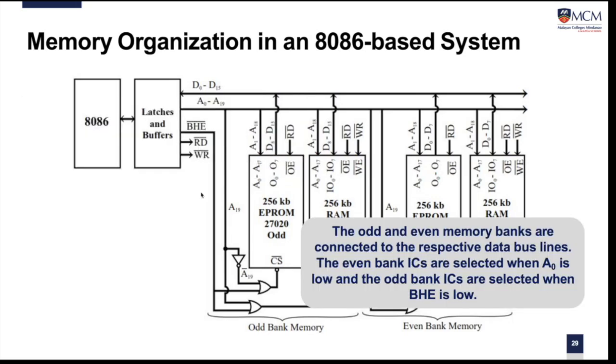The odd and even memory banks are connected to the respective data bus lines. Yes, so I made mention earlier that if it's 0 or low, then the even bank ICs will be selected. For the odd bank, it is when the BHE, or the bus high enable, is low.